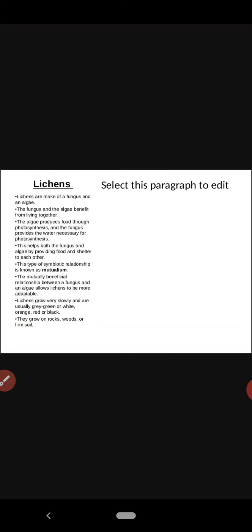Sometimes they come to a situation where they can't live. They can't reproduce, they can't multiply, they can't even exist. But in that kind of situation, these two come together to support each other. When a fungus and algae come together, living together and helping each other, they form a lichen. The fungus and algae benefit from living with each other.